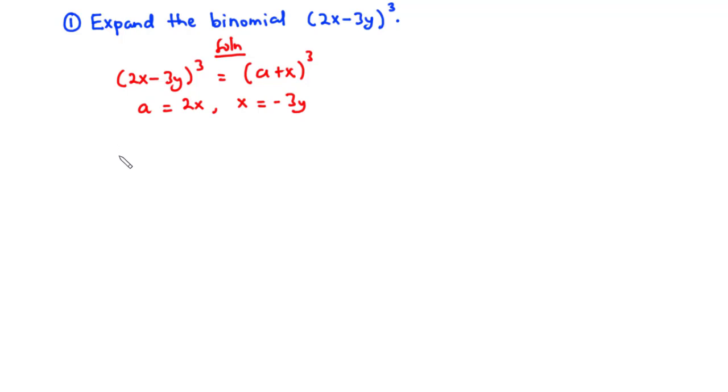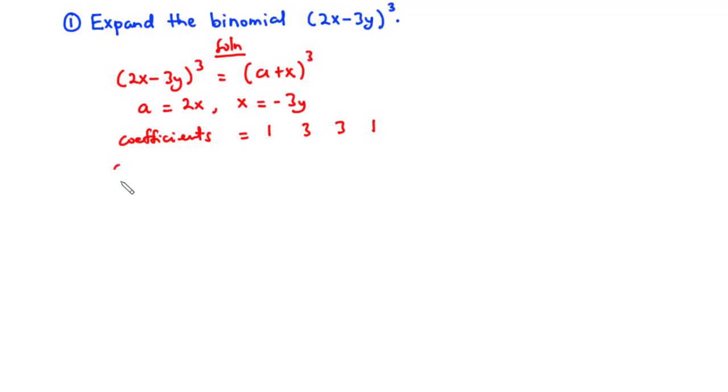Okay, so we know that the coefficients of the binomial a plus x to the power 3 are 1, 3, 3, and then 1.